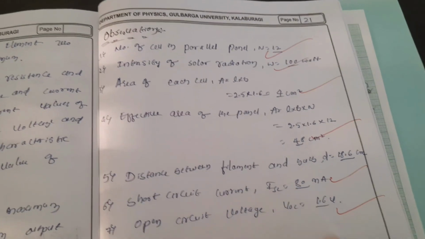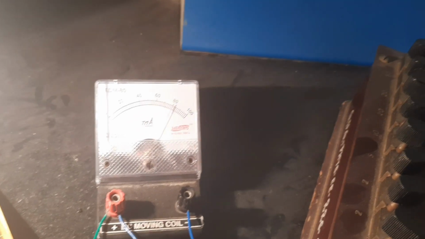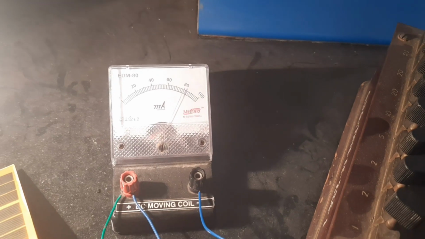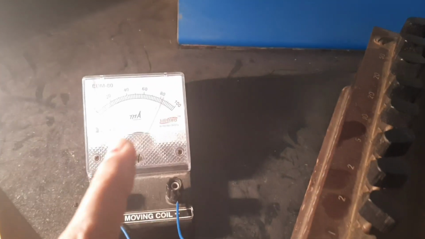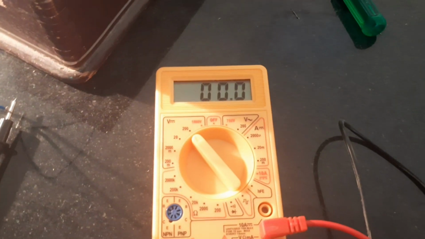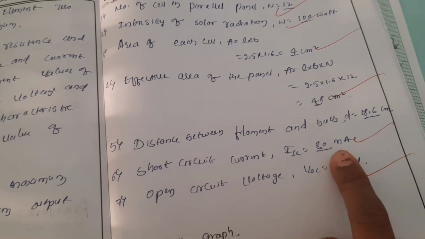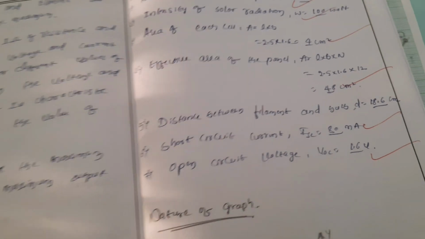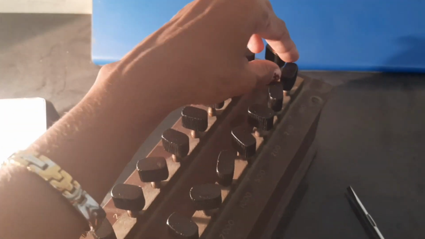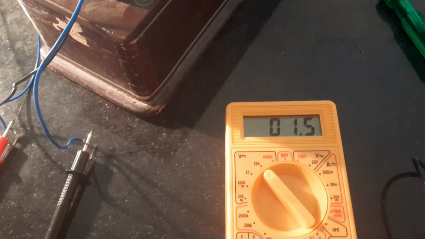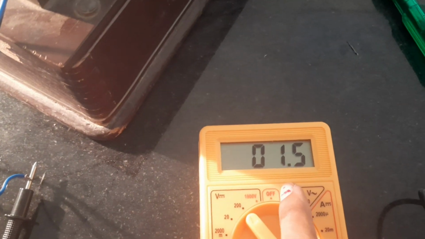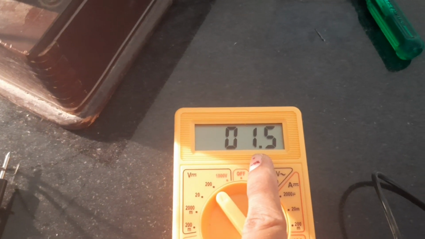Short circuit current here is 80 milliampere. Even without applying resistance, that would be the short circuit current, 80 milliampere, and the voltage must be 0. Open circuit voltage: you have to apply the infinite resistance key, then note down the voltage across the DMM, which is around 1.5.